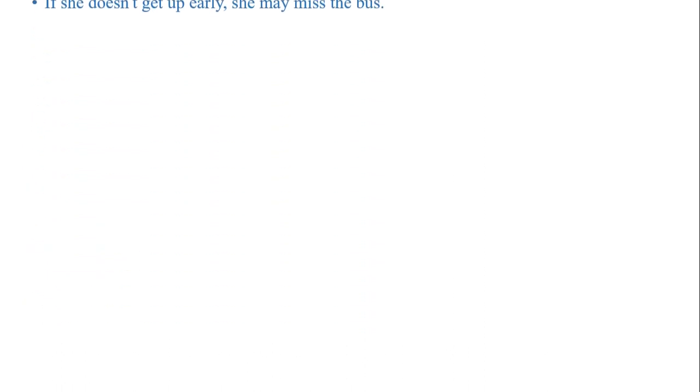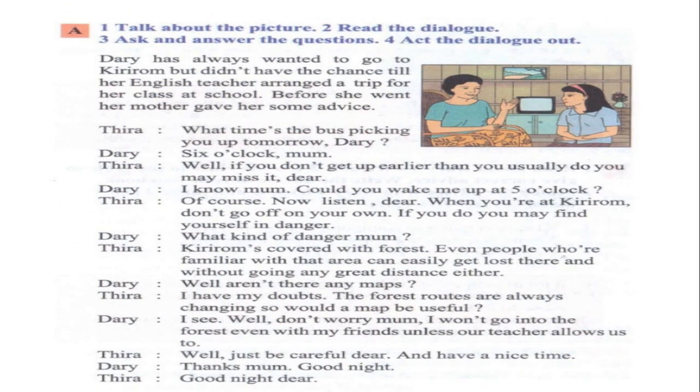Okay, we go on. You can look at page 25 if you have the textbook, in section A. Section A: first, talk about the picture. Second, read the dialogue. Third, answer the questions.